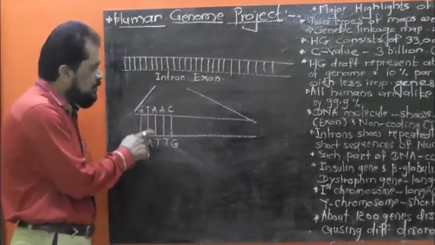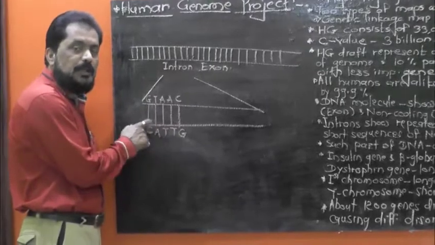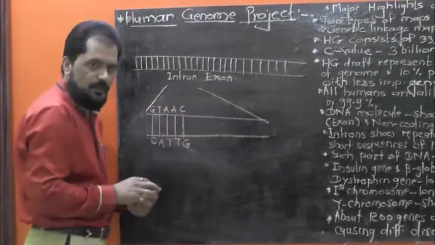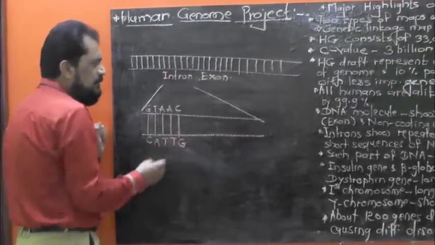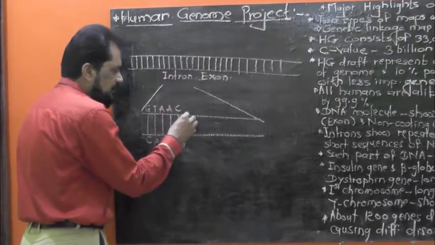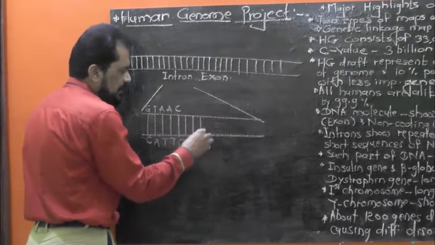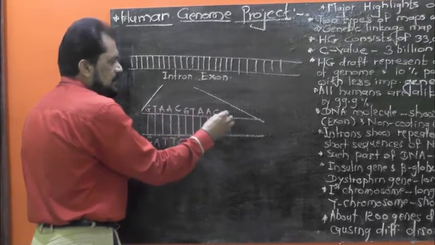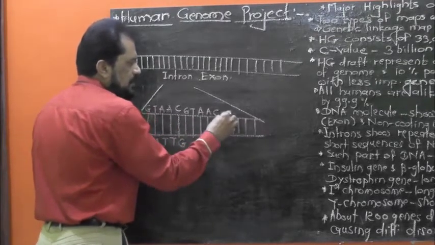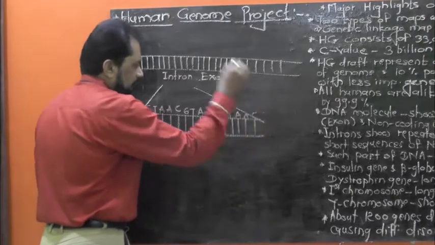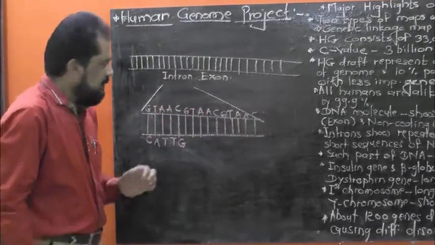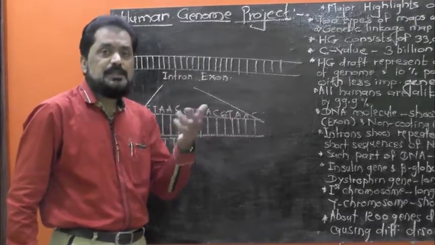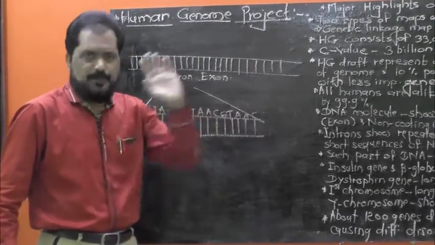Now this short nucleotide sequence occurs repeatedly in one intron. Means again the same nucleotide sequence is present here in that intron. Same G, T, A, C. Again G, T, A, C. In this manner. Of course, the number of these repeatedly occurring short sequences of nucleotides is different.